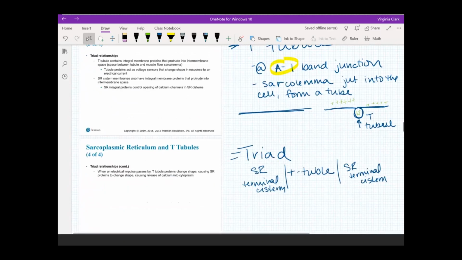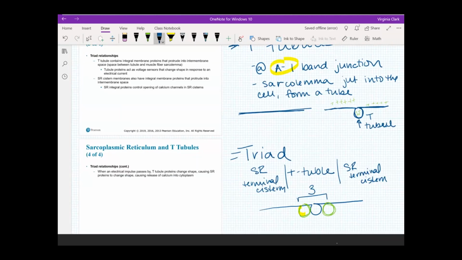So if we're looking at this example right here, our T-tubule, remember, is jutting into it. Our sarcoplasmic reticulum is actually now going to be on either side. So here is my terminal cistern for my sarcoplasmic reticulum, and then here is my other terminal cistern for my sarcoplasmic reticulum. You'll notice if you put them together, you have 3.